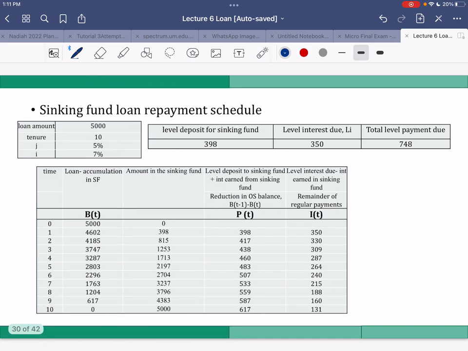This is the amortization schedule for a sinking fund loan repayment. Let's say your loan is $5,000.